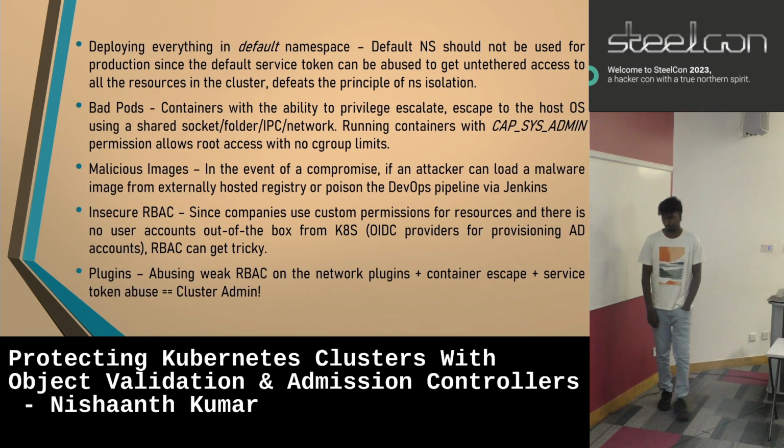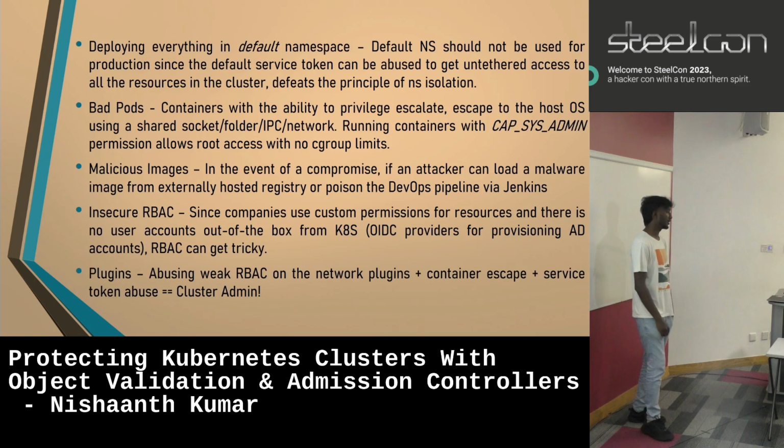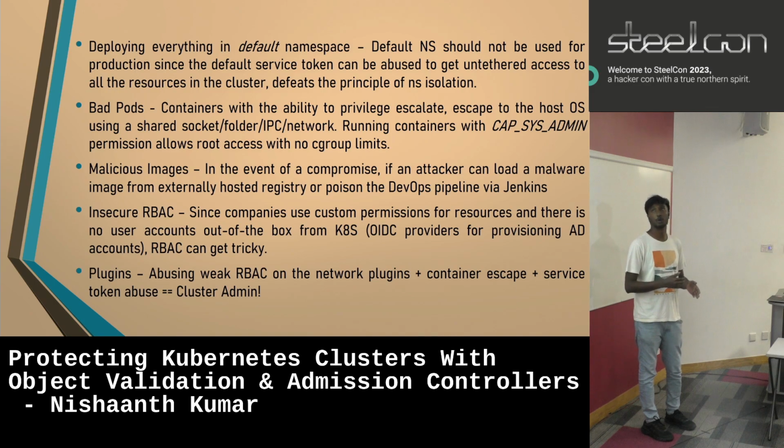Some of the most common misconfigurations which we've seen in engagements for Kubernetes: the first thing, as we talked about with namespaces, is that developers deploy all the resources in the default namespace.